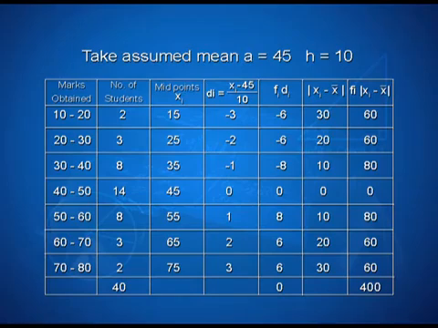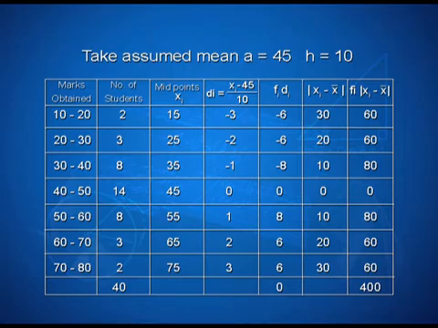First is for marks obtained, second for number of students, that is fi, third is for midpoint xi, and fourth column is for di, that is xi minus 45 upon 10. Next column is for fi di, that is product of frequencies and deviations, and next column is for absolute value of xi minus x bar, and last one shows us the product of fi and absolute value of xi minus x bar.